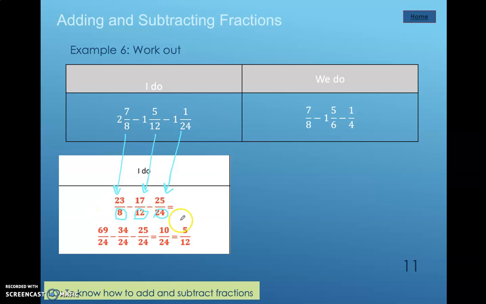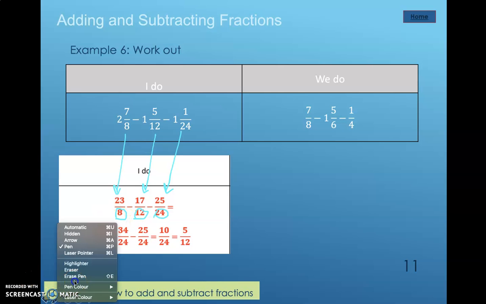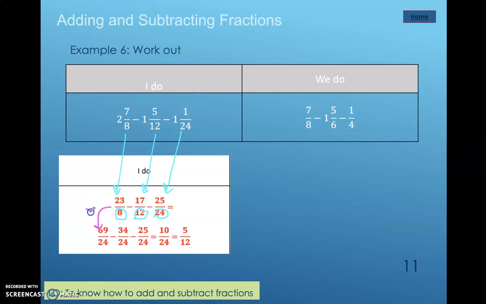So if we notice, all of these denominators have 24 in their times tables. So first of all, this fraction here, if we times the top and the bottom, because we have to times the top and the bottom to make sure it's equivalent, by 3. 23 times 3 gives us 69. 8 times 3 gives us 24.